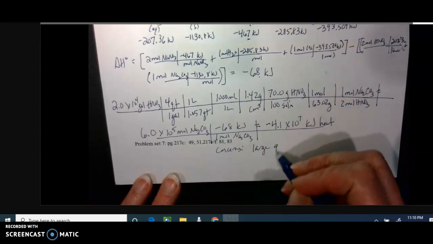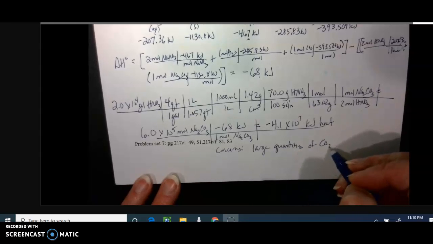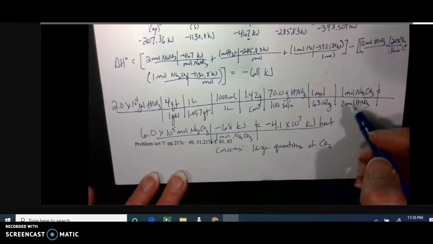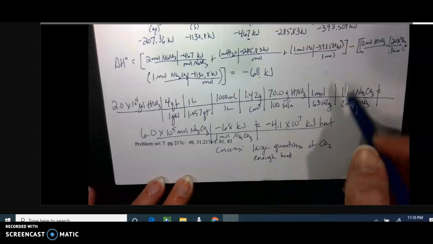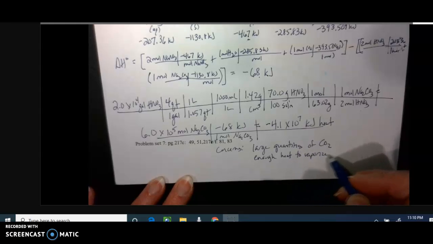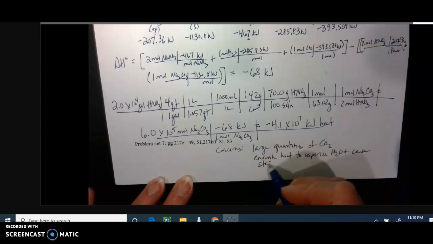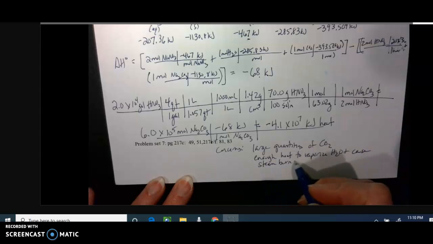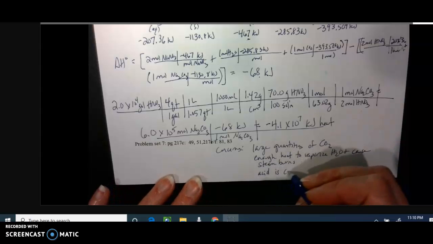Concerns. So large quantities of CO2, so that can actually cause suffocation. Enough heat. So we based it on water being a liquid, but enough heat to vaporize water and cause steam burns. Okay. Acid is corrosive.